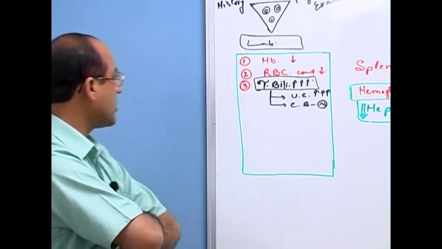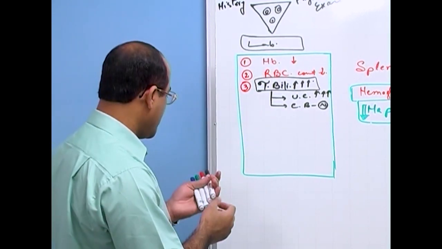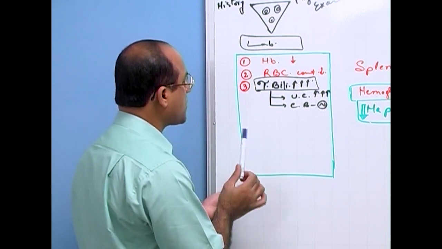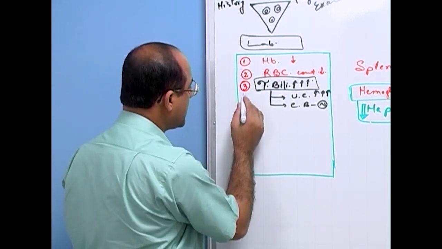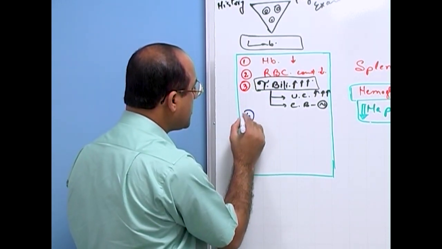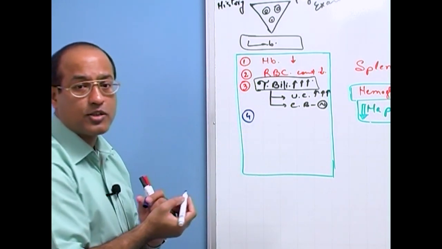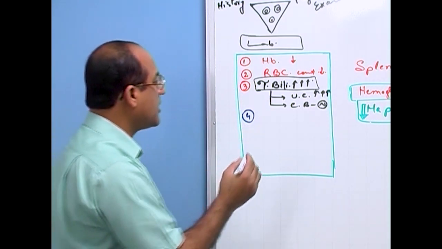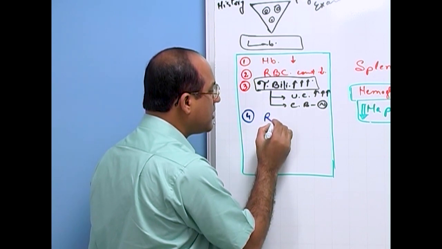Is that clear? Now, bilirubin is high. These patients also show features of bone marrow compensation. For example, the reticulocyte count may be high.